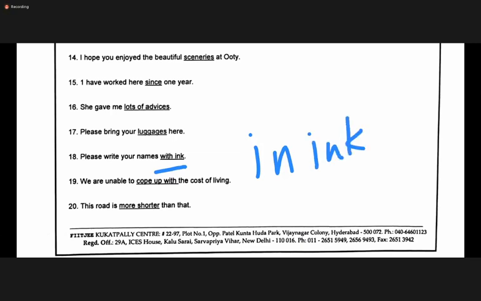Sir, could you repeat the 15th one? I have worked here for 1 year. 1 year is a period of time. That is why use for, not since. Sir, if you say period of time, it should be present perfect continuous, right? Present perfect is also used, no problem.